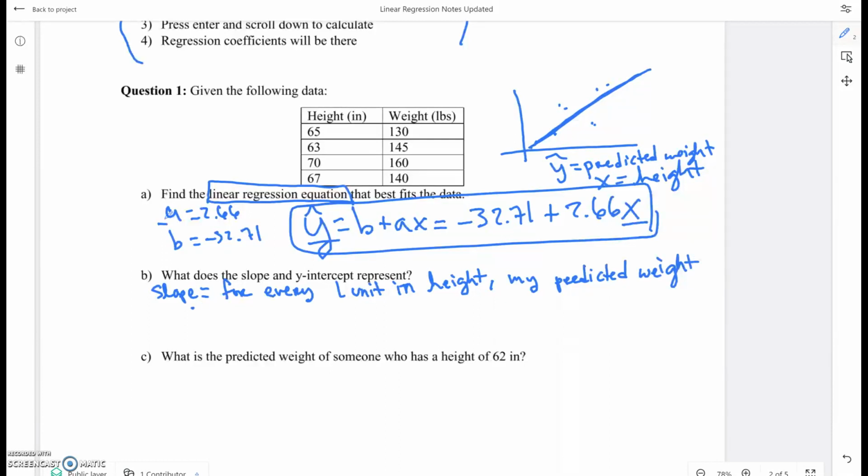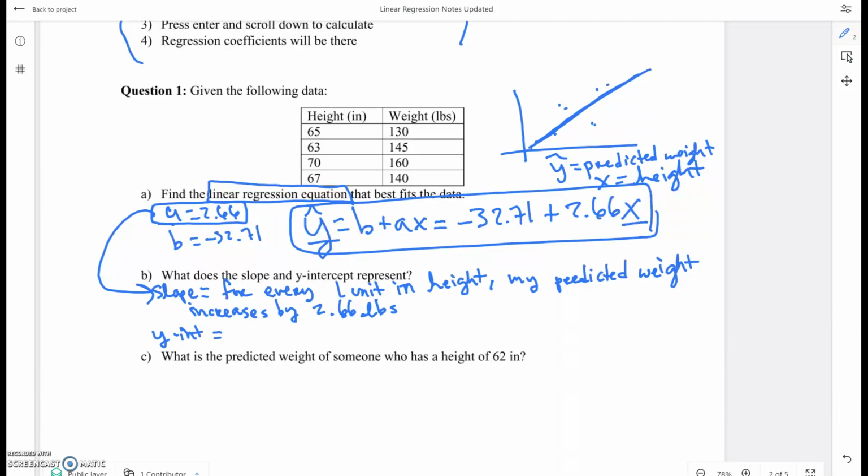Well, my slope in this case is 2.66 and it's positive, so my weight increases by 2.66. That is what A stands for, the slope. So for every 1 unit increase in height, my predicted weight increases by 2.66, and in this case that is pounds.